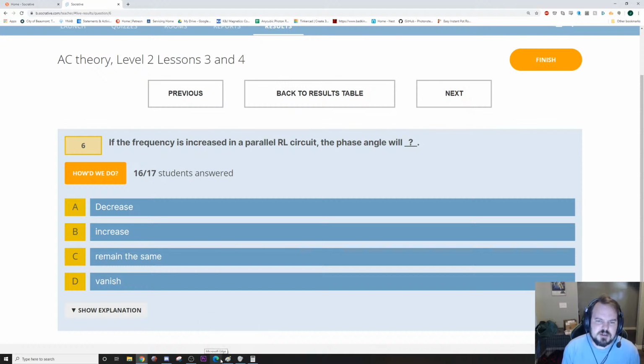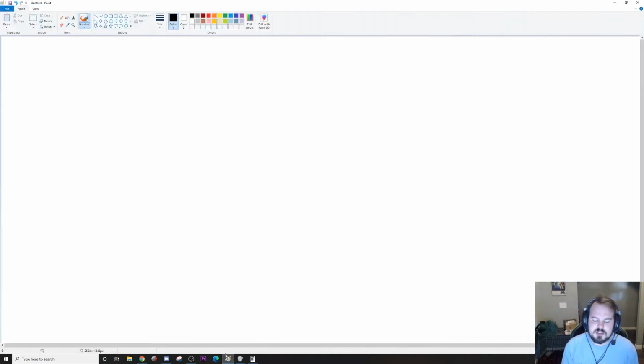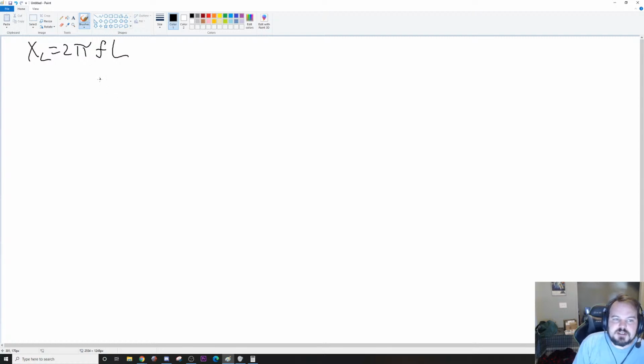If the frequency is increased in a parallel RL circuit, the phase angle will what? So, things that still apply in parallel. X of L equals 2 pi FL. So, if frequency is increased, F goes up and X of L goes up.